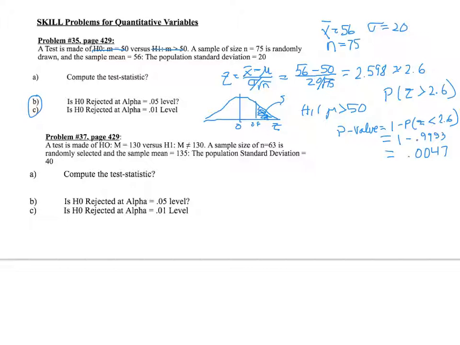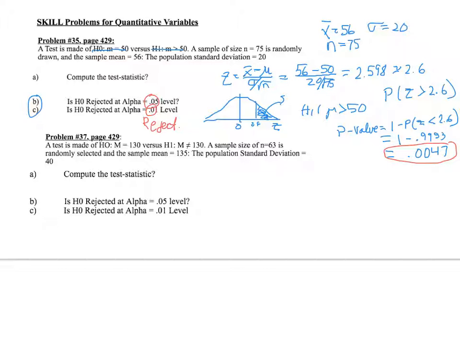So in both cases, we have a p-value that's less than both 5% and also 1%. So we would reject both. Okay. Now normally we don't do these things by hand.